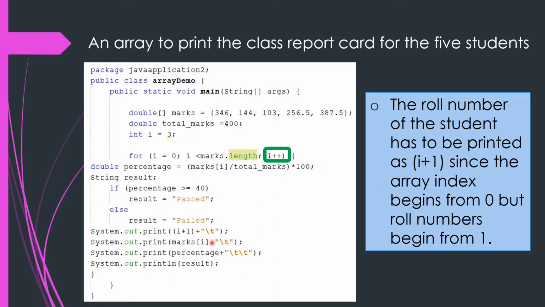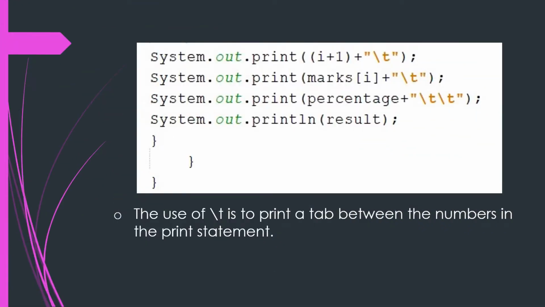Also here we have used these slash t. What is the meaning of them? Let us see. So why have we used this slash t here? Basically the use of slash t is to print a tab between the numbers in the print statement. So this slash t is indicating the use of tab.